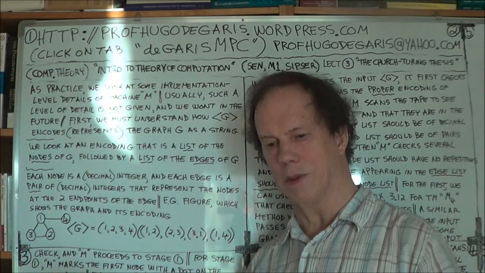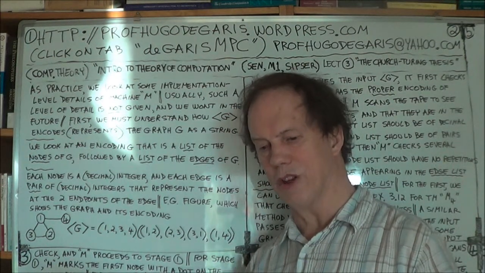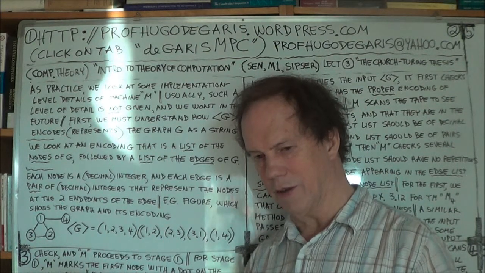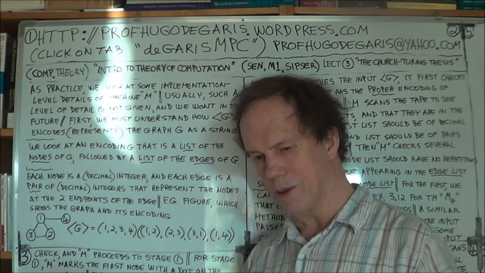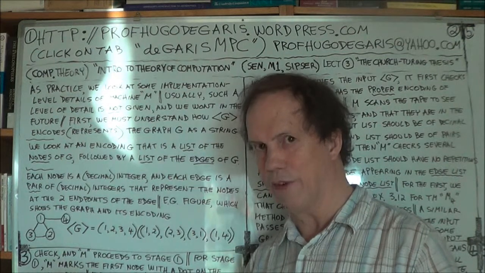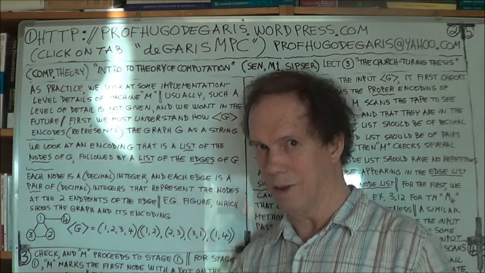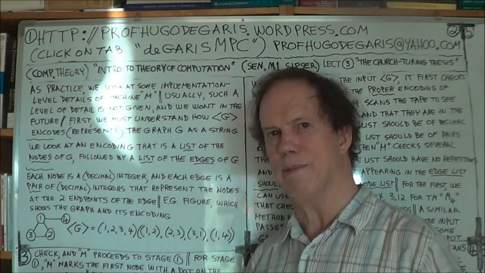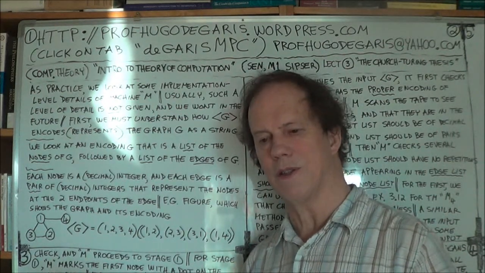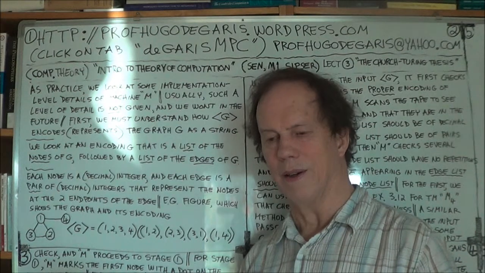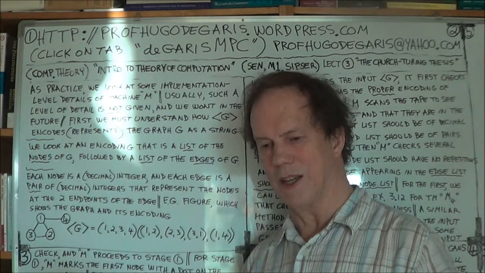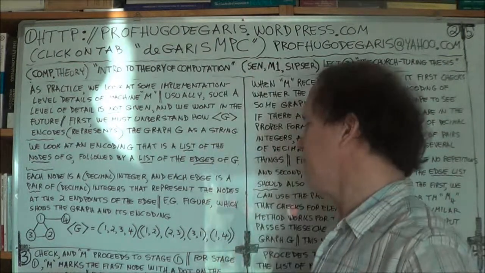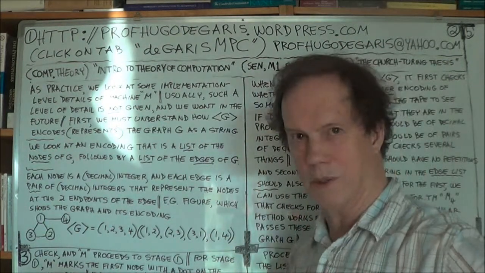It starts checking whether this input string represents an undirected graph. But the critical question is: is that graph connected? That's what it's all about. This Turing machine M is a decider. It's to decide whether the string represents a connected undirected graph. All right, we'll go on to the next session.